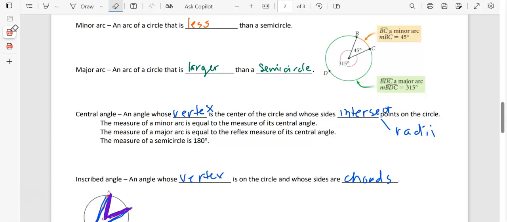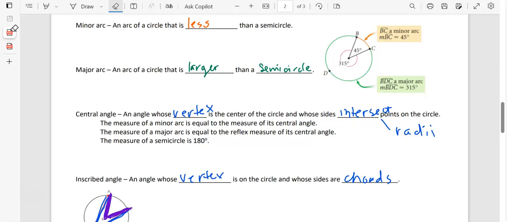For a major arc, it's the same idea, but the central angle, remember, is always measured in degrees that's less than 180. So a major arc is technically considered the reflex measure of the central angle. The central angle being the two endpoints of the arc connected to the center as the vertex, but again, a measure goes between 0 and 180.